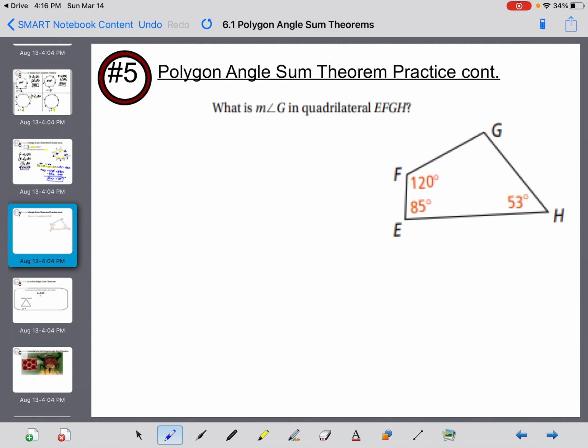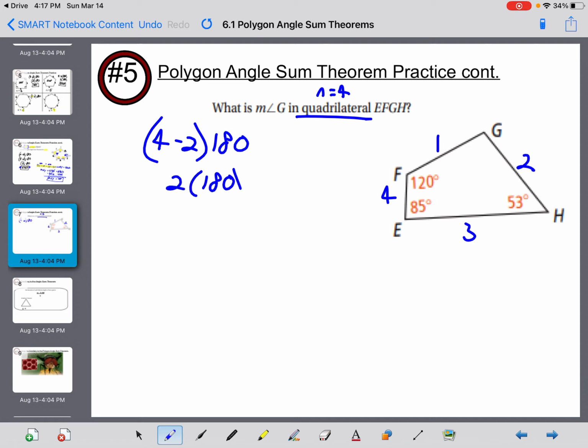Here's another go. It says, what is the measure of angle G, and this time the quadrilateral? So n equals 4 for 4 sides. Okay, so we have 4 minus 2 times 180, which is really 2 times 180, which is 360.